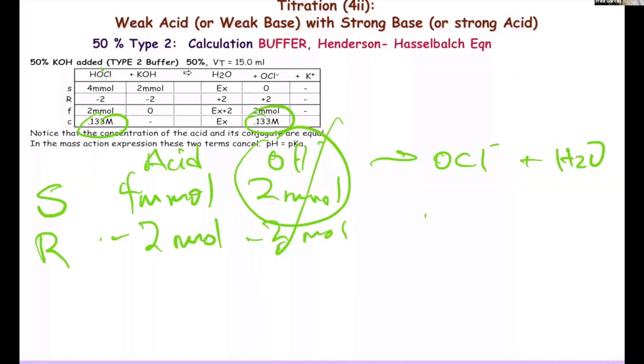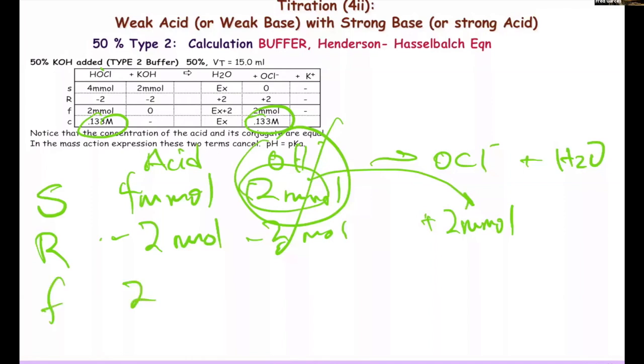But the half that reacts now converts over to this right here. It forms the conjugate. Whatever reacts here is what forms there. And then finish, this will be 2 millimoles. This is 2 millimoles.